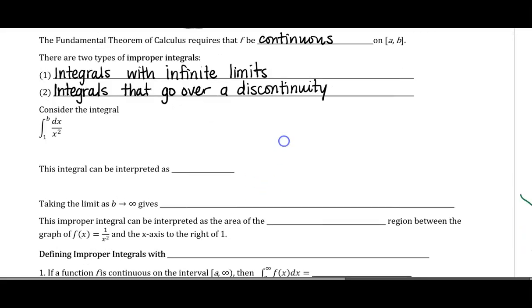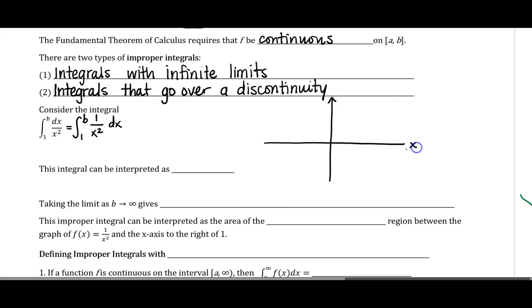So let's consider the integral from 1 to b of dx over x squared. Before I even start thinking about how to integrate that, let's think about what that integral means. The graph of 1 over x squared. By the way, the only reason I said 1 over x squared is because this is the same thing as integrating 1 over x squared, dx on the end.